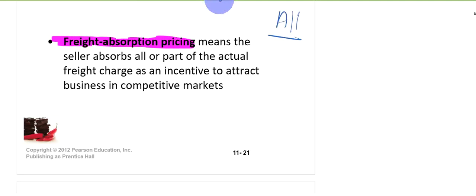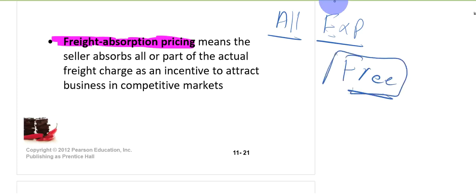In price absorption, students, all the freight expenses are borne by the company. They provide free delivery. Why free delivery? Because they want customers to purchase the product, and customers want to avoid delivery charges.